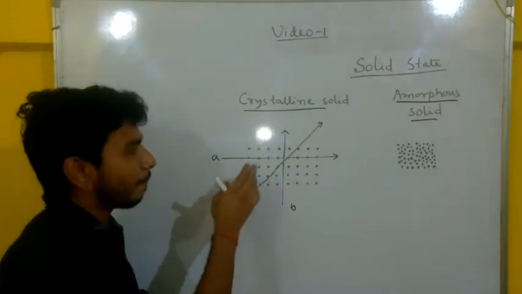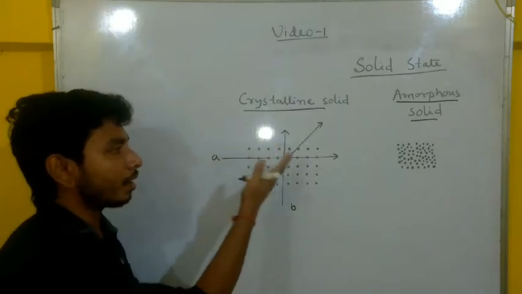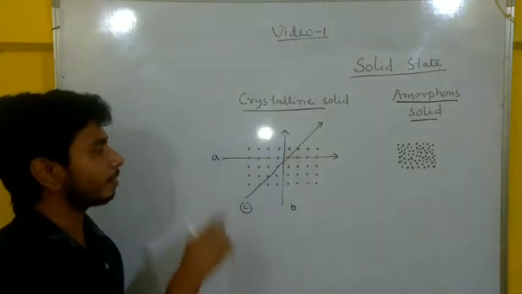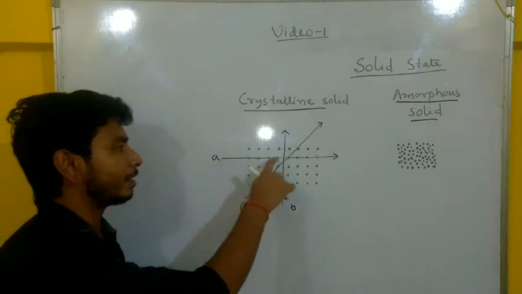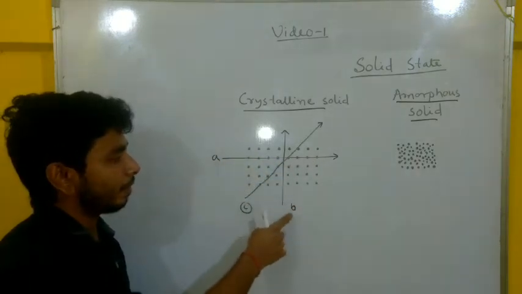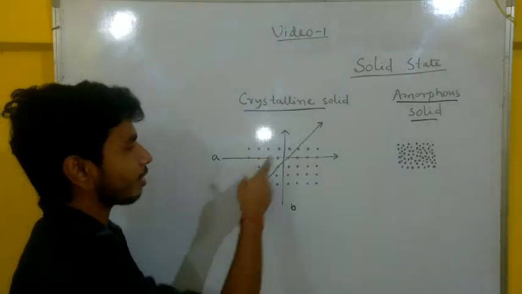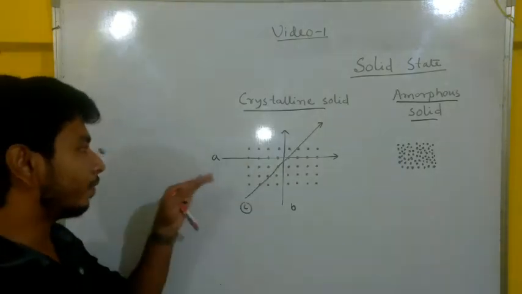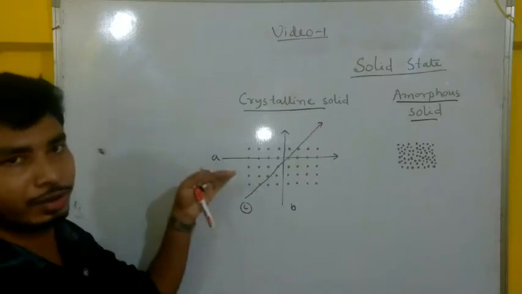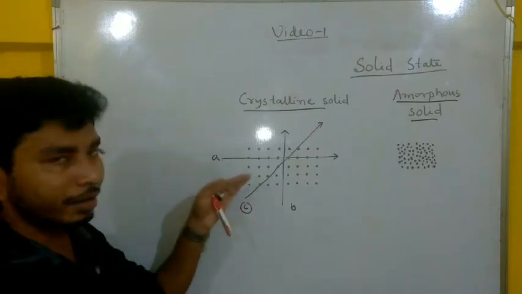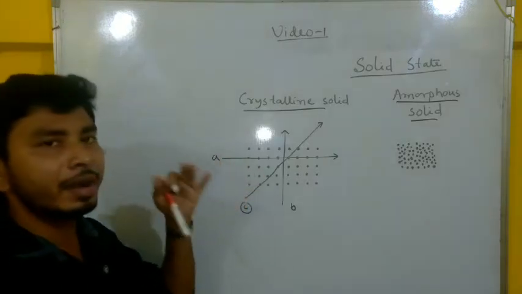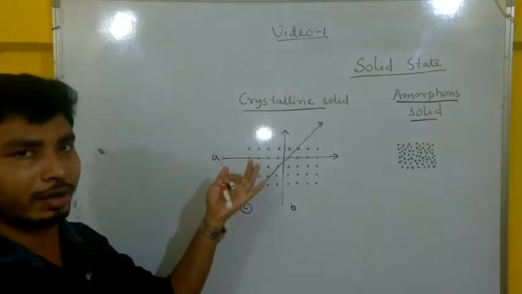The number of particles in all directions is not the same. Suppose in direction A there are the maximum number of particles, in direction B there are no particles, and in direction C there are fewer particles. So if we choose different directions, the number of particles in different directions is different.